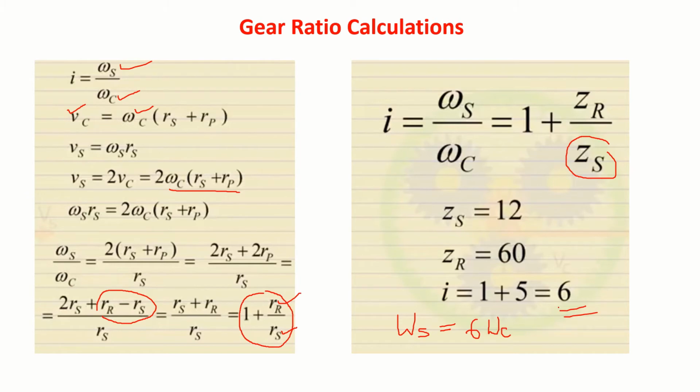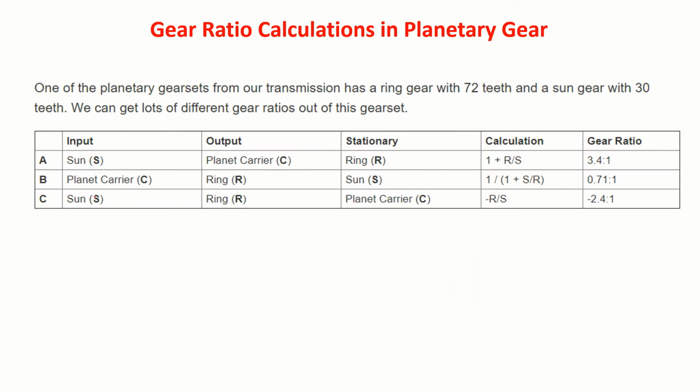Fine. Now let us look at this. Assume that the ring gear has 72 teeth and sun gear has 30 teeth. So there are three gears here: sun gear, planet carrier or planet gear, and ring gear.